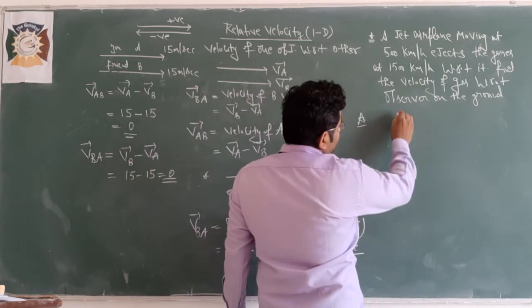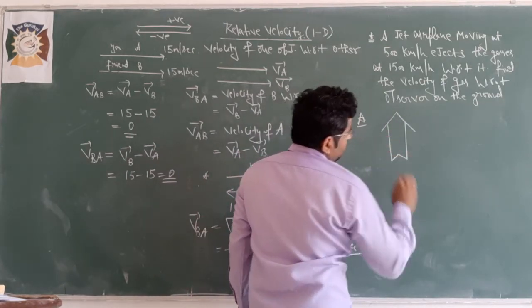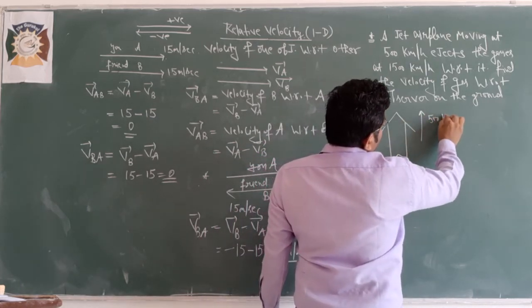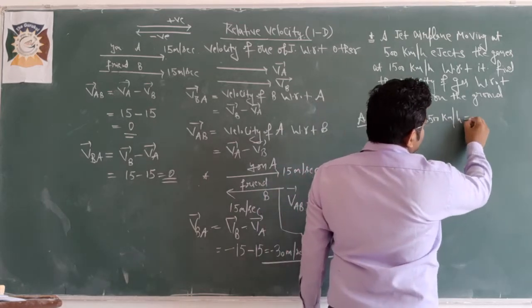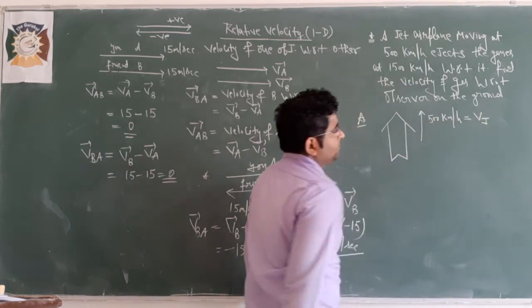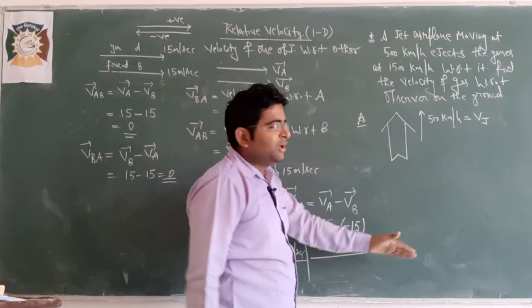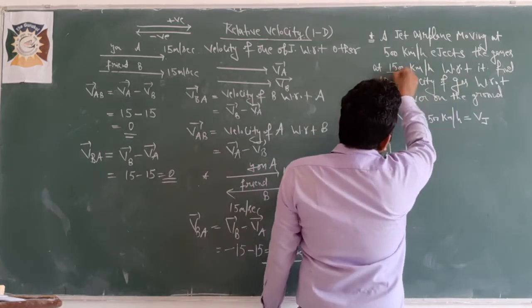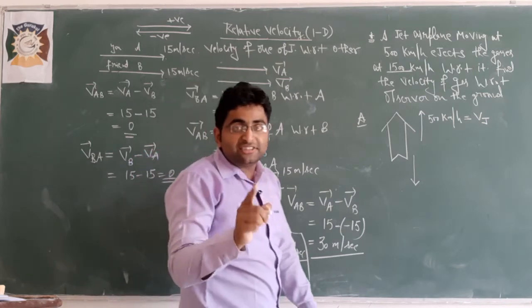It is a jet aeroplane, clear, and it is moving with 500 km per hour, and it is the velocity of jet aeroplane, that is Vj. Now it ejects the gases in downward direction. So beta, here 1500 km per hour velocity is given, but this is relative velocity.